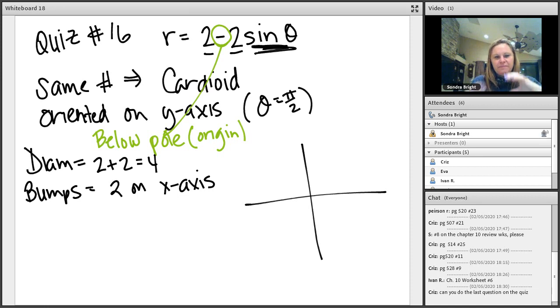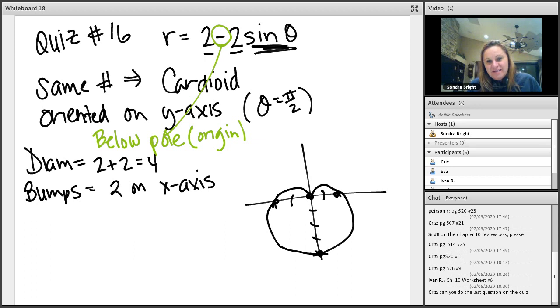And remember, these would be polar grids, right? You'll have a point on the pole. You'll go out 2 units for the bumps in those directions, and then your diameter was 2 plus 2, so 4. So you would go out 4 units down, south of the pole like that. And then you just connect them. Bump and a bump and meow. Okay, that was not too shabby, considering I'm using this little tablet thing and it's usually really hard to graph on there. But there you go.